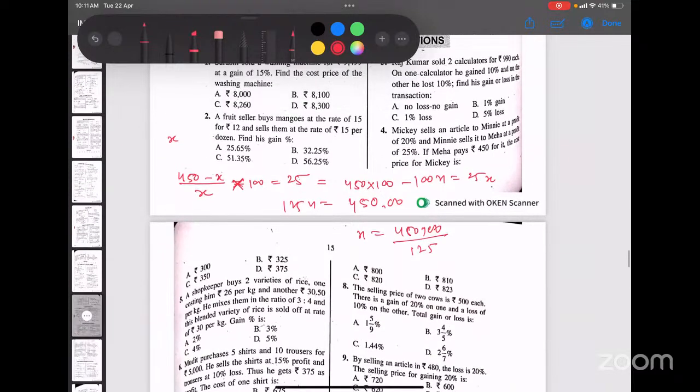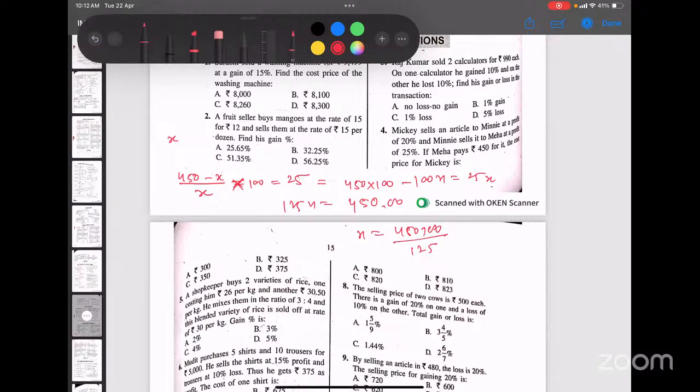Now, Mickey sells an article to Mini at a profit of 20%, and Mini sells it for 25% profit, so the cost price for Mini will be 45000 by 125. Now this will be the selling price for Mickey, and we have to find the cost price for Mickey.